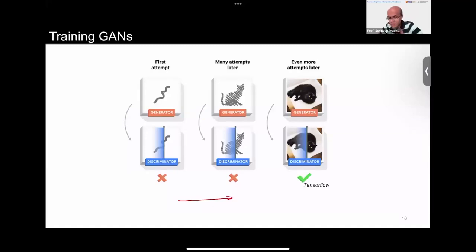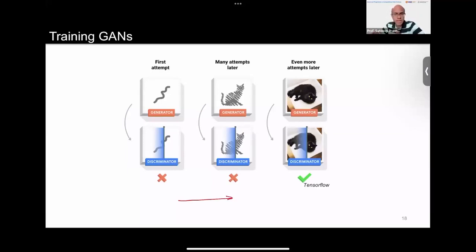Now when the discriminator looks at this image, it is no longer able to distinguish, and that is when the training concludes.